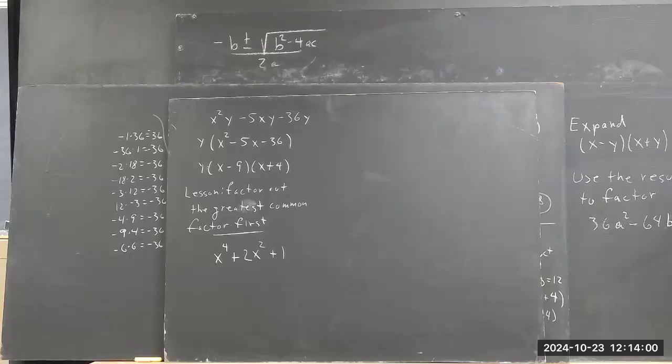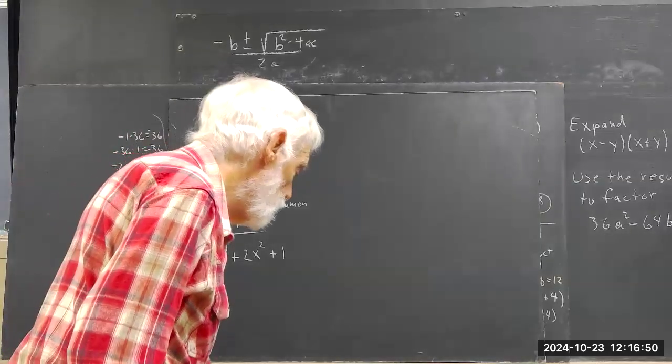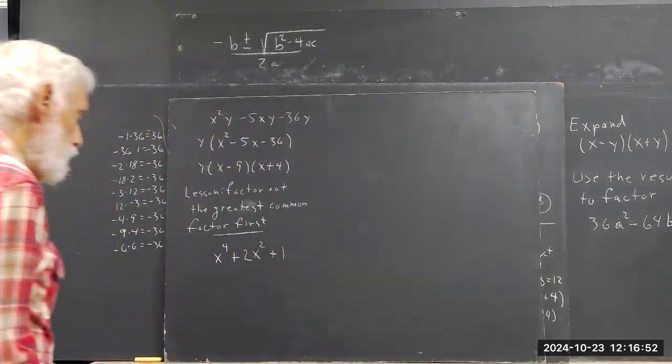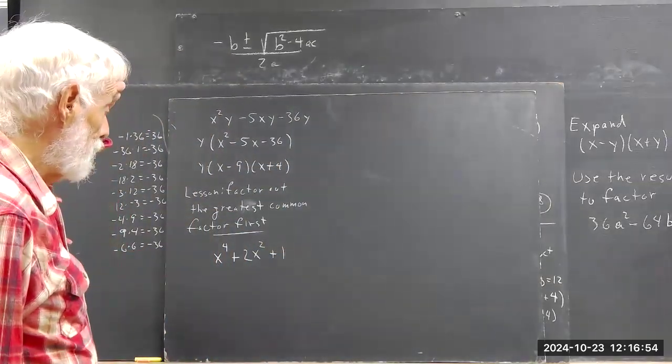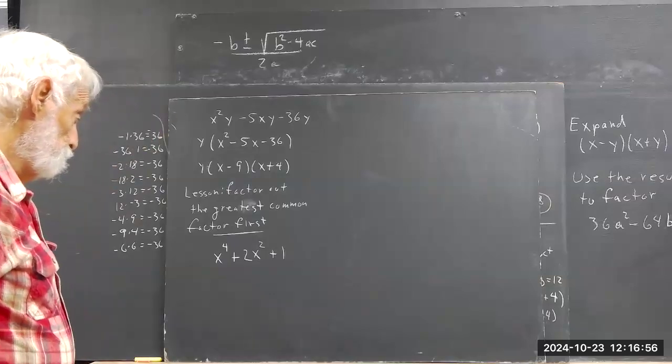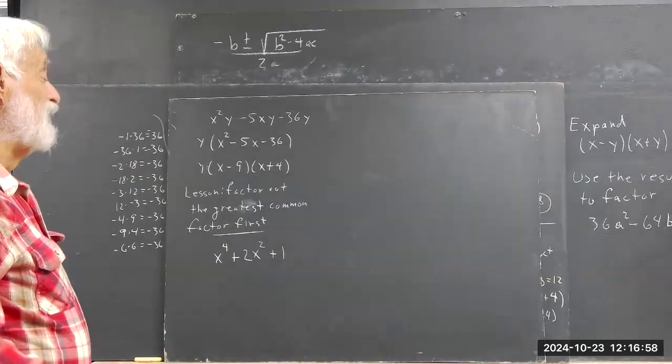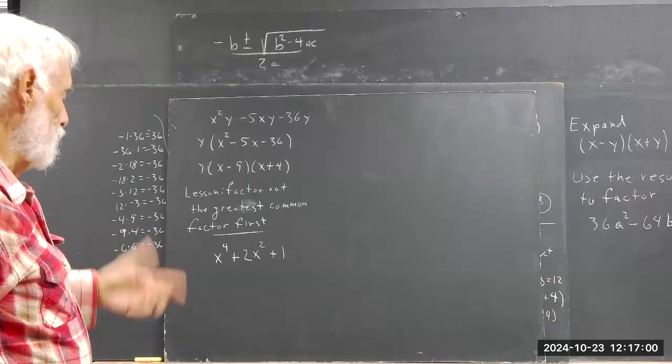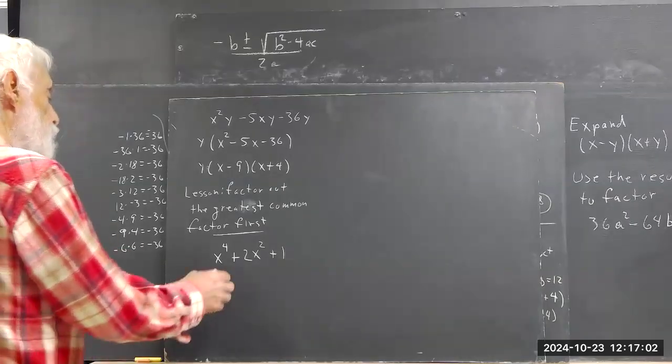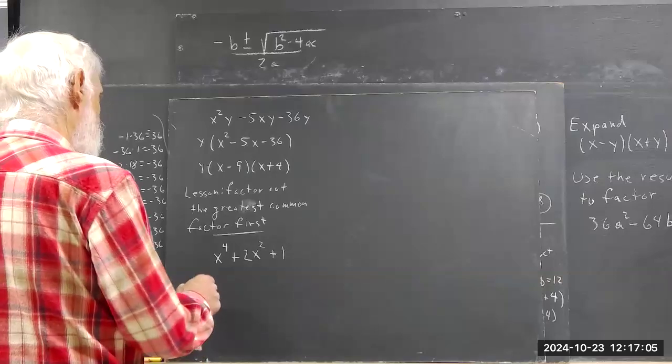And then I'm going to show you what the trick is here. Okay, so we have this expression. Now, this is another one of those that until you see what's going on, it's kind of difficult to do.